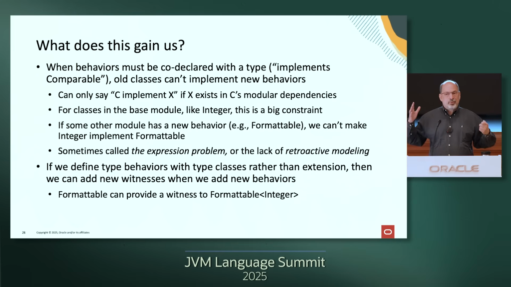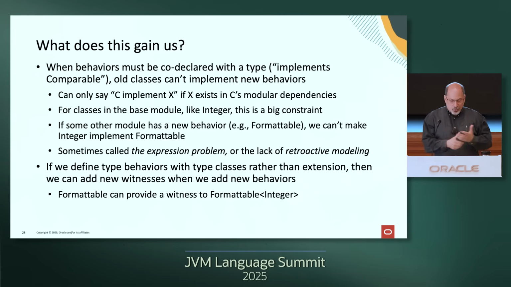And what I mean by new is that it's not in the modular dependency of the class that we're looking at. So I can say integer implements comparable because they're in the same module, or if comparable was in integer's modular dependencies, of which there are none other than the base module. So that's a pretty big constraint for fundamental classes like integer and string, which are often the classes that we would like to add new behaviors to.